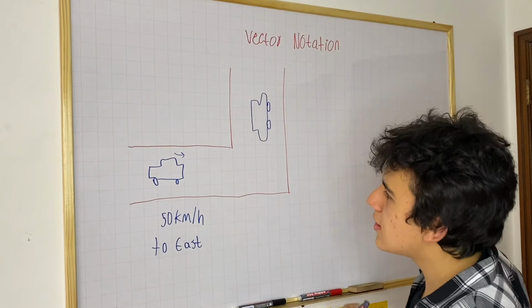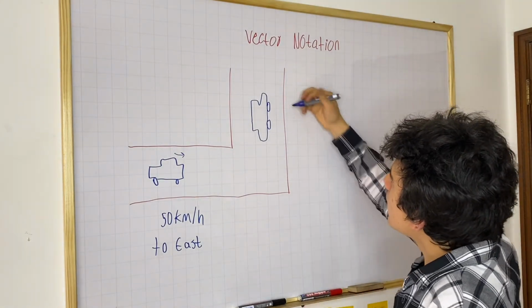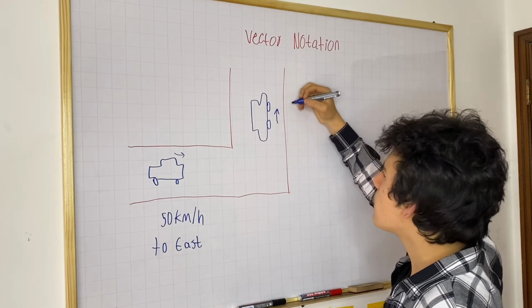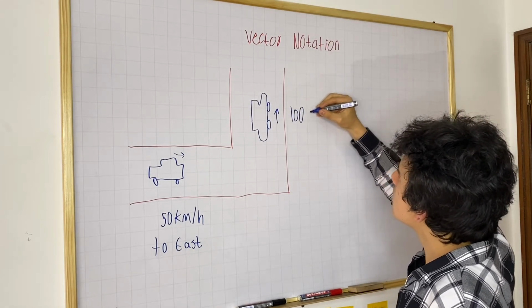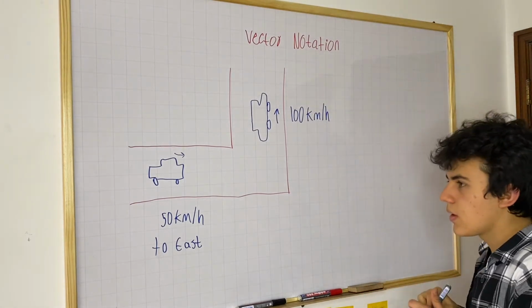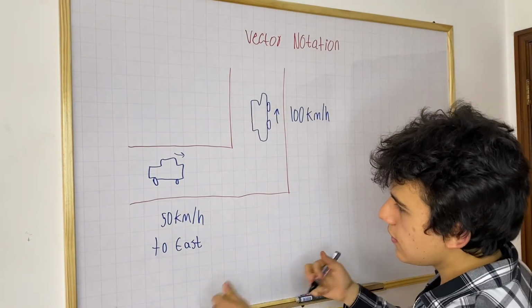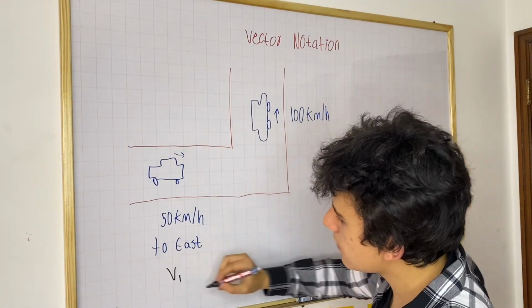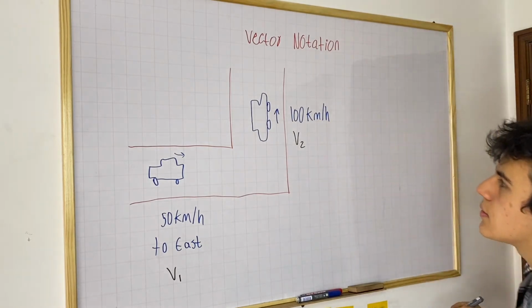It looks so ugly, but yeah, it's a car. Now let's say this car is traveling north, at a speed of 100 kilometers per hour. We know these are vectors, and I'm going to say that this vector is v1, velocity 1, and this vector is v2, velocity 2.